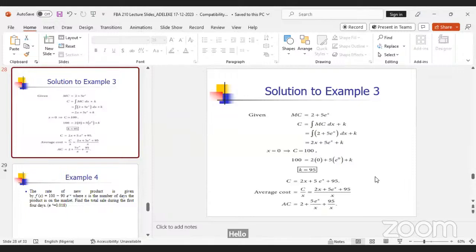And then the AC, the average cost, we got that as 2 plus 5 exponential x divided by x plus 95 all over x. That's the average cost. So those are the answers, where you have your C and where you have your AC. The rest are just workings.